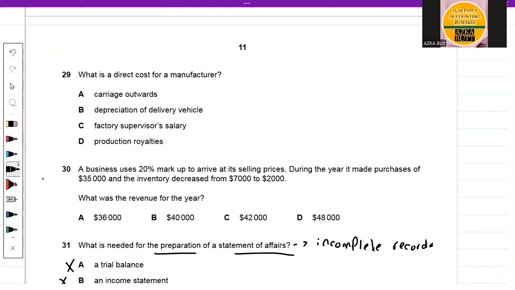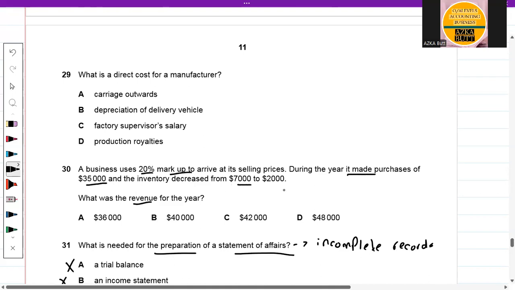So the number 30 question is that we have to find out the revenue for the year. The business uses a 20% markup to arrive at its selling prices. During the year, it made purchases of 35,000 and the inventory decreased from 7,000 to 2,000.